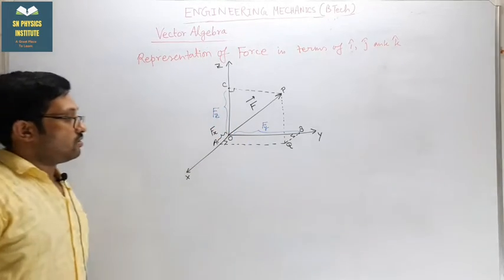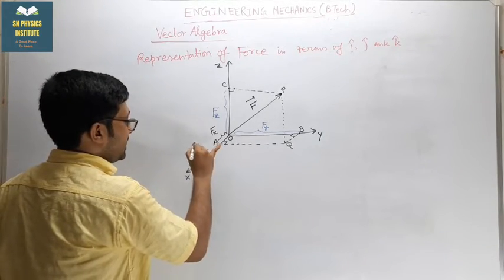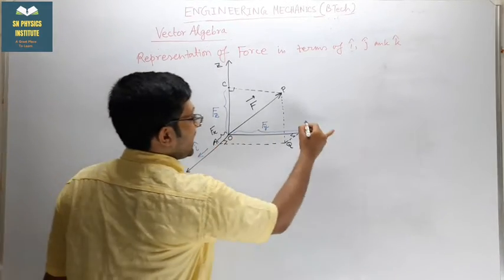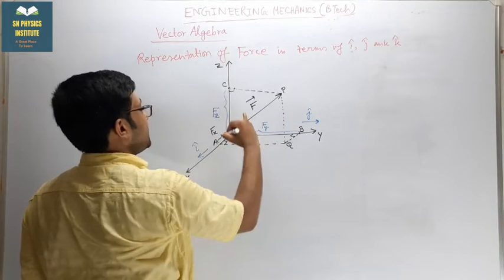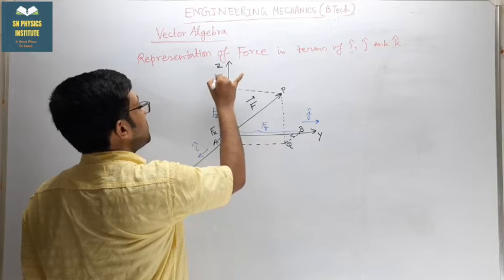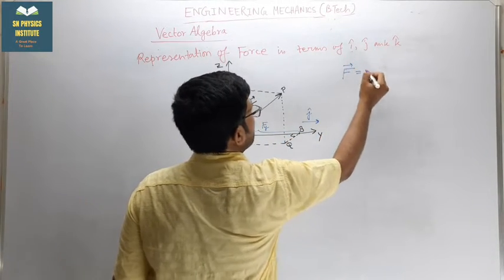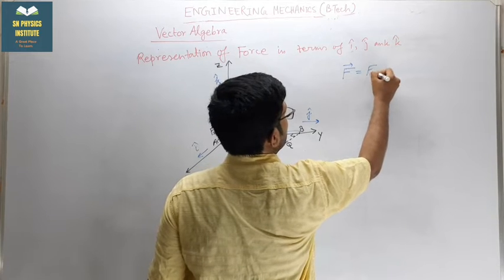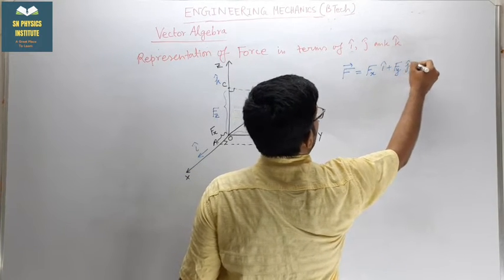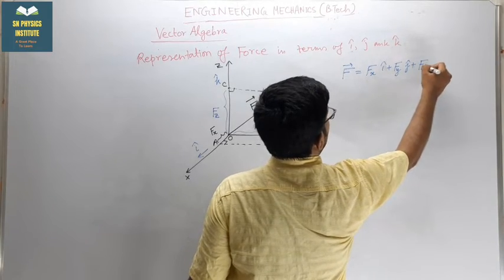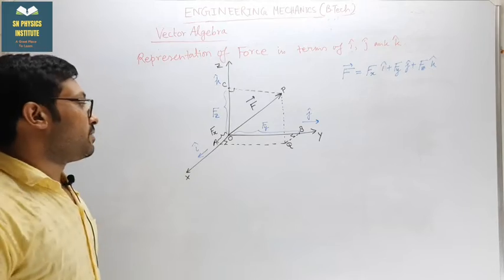Along the x-axis the unit vector is I cap, along the y-axis the unit vector is j cap, and along the z-axis the unit vector is k cap. So force can be represented this way: Fx I cap plus Fy j cap plus Fz k cap. This way the force is represented.